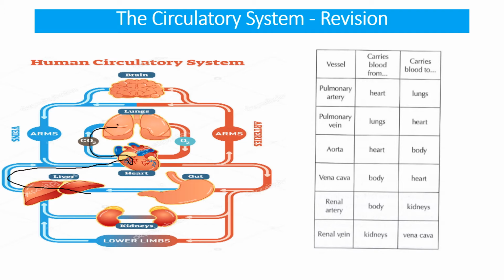It picks up oxygen there, becomes oxygenated, returns via the pulmonary vein to the left atrium, and then goes down to the left ventricle, before being pumped out of the aorta and to the rest of the body. That is called a double circulatory system because it goes through the heart not once, but twice for every circuit of the body, and that's all in the previous video.